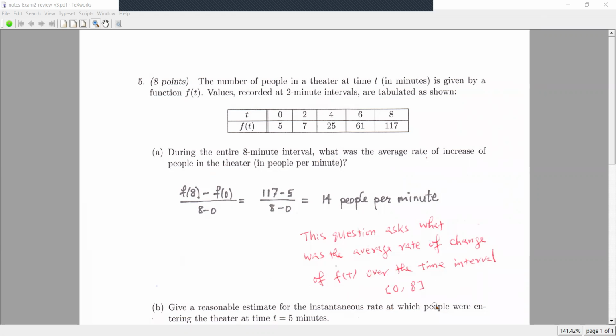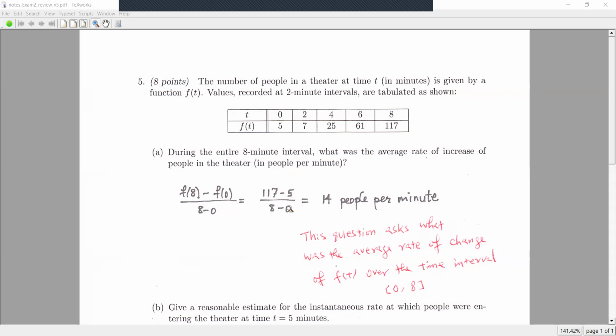By the formula, the answer is the function value at 8 minus the function value at 0, over 8 minus 0. The function value at 8 from the table is 117. The function value at 0 is 5. So I have this equation.